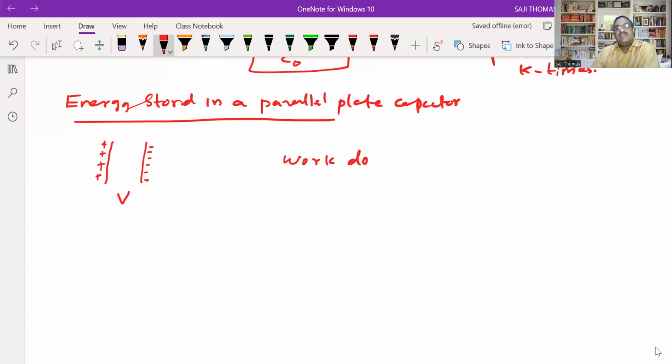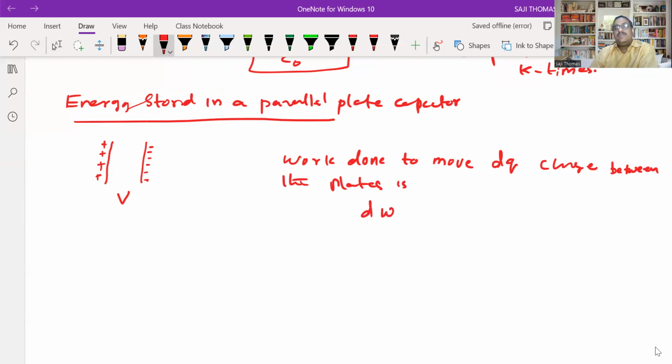Work done to move dq charge between the plates is, what is the work done? dW equals V dq.